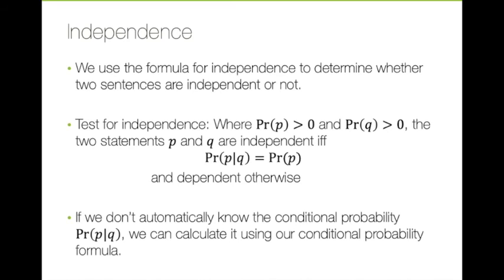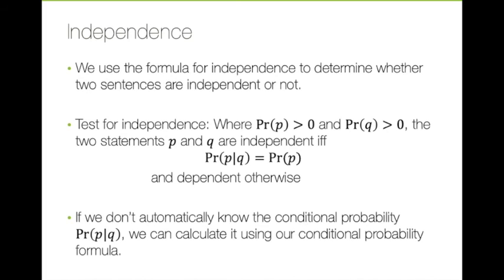Ignoring the cases where the probabilities are 0, we know that P and Q are independent if the probability of P given Q is equal to the probability of P. So in that case only, that's a way of telling us P and Q are independent. If these two probabilities don't have the same value, then the sentences are dependent.